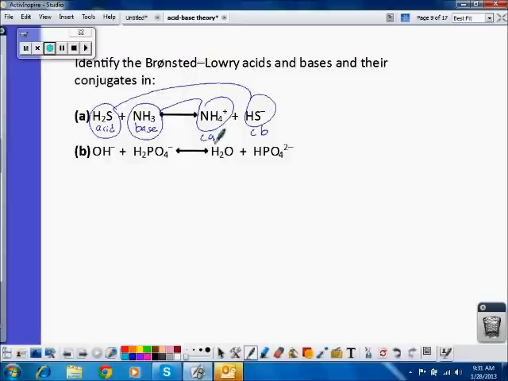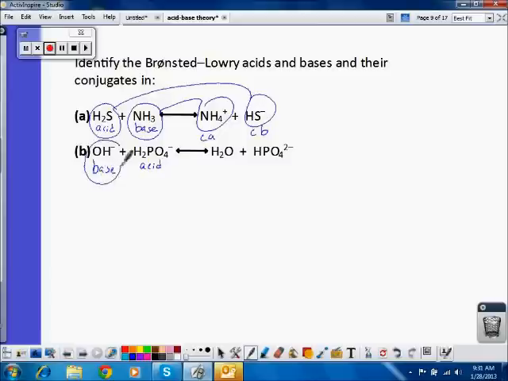Now when I come down here to the second one, I have OH minus and dihydrogen phosphate ion. Well, if I look, the dihydrogen phosphate ion is giving up an H plus when it becomes a product, so that's an acid. Hydroxide is a base. Just like ammonia is always a base, hydroxide is always a base.